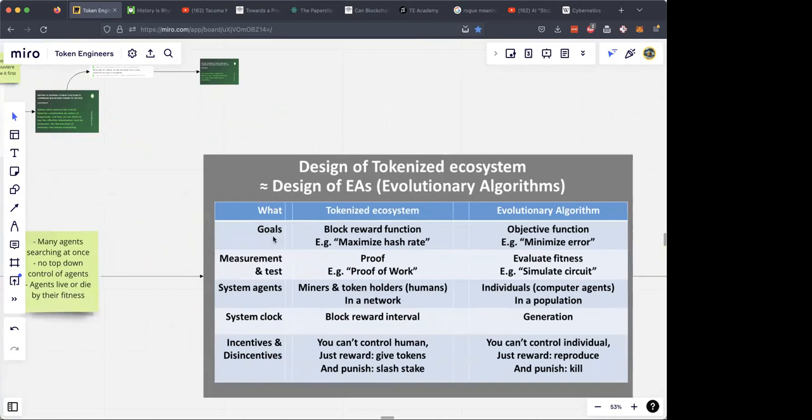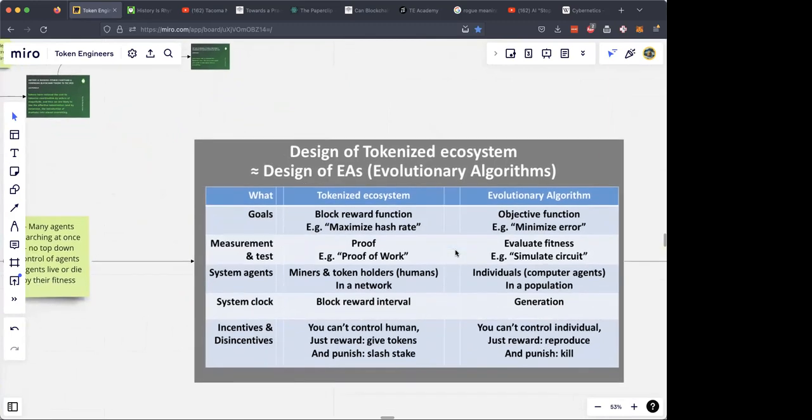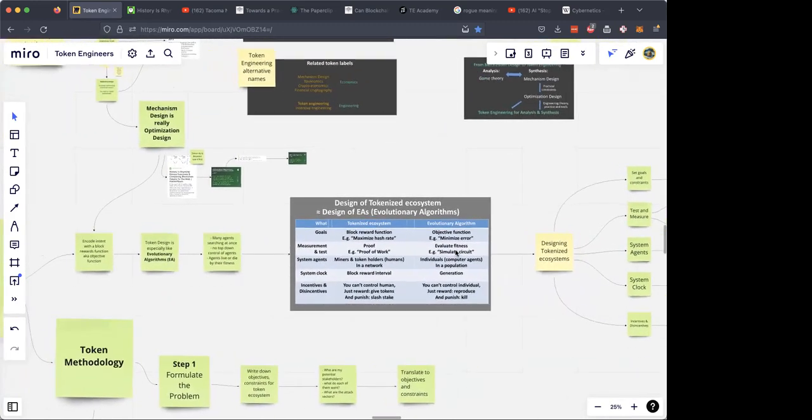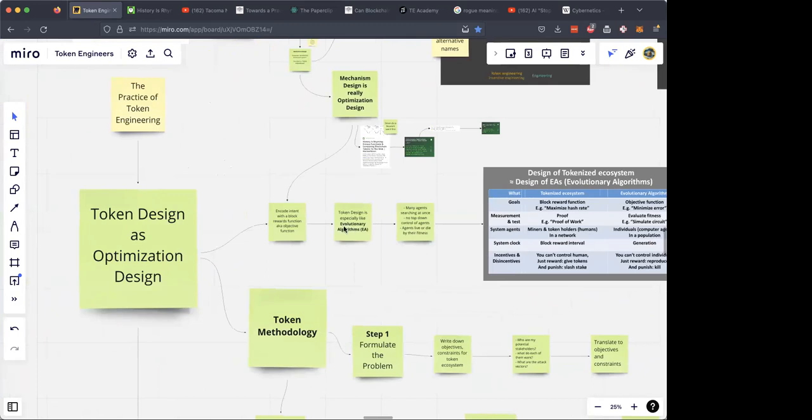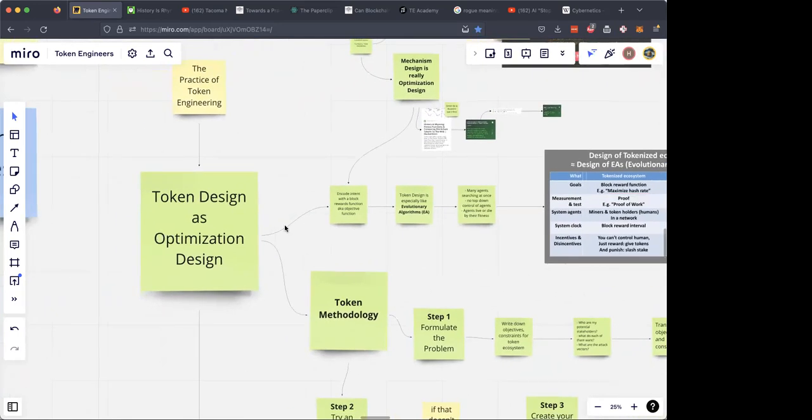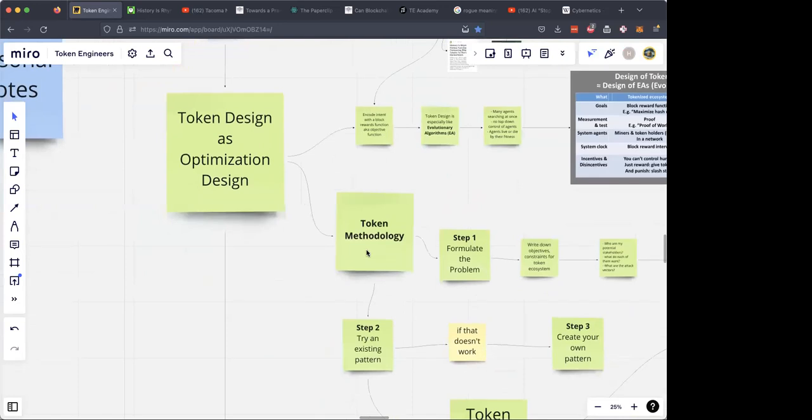For example, looking at the goals, a tokenized ecosystem might say maximize hash rate, so maximize network security. And the objective function in an evolutionary algorithm would say minimize error. So these things are very similar. Going with that analogy, token design is kind of like optimization design, like evolutionary algorithm design.